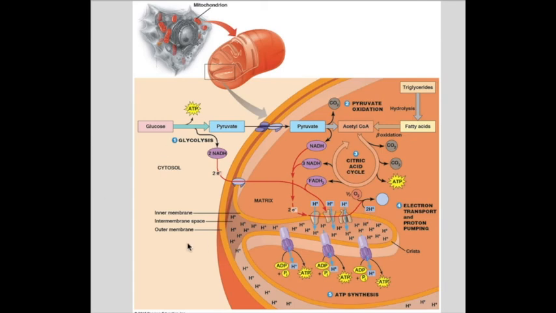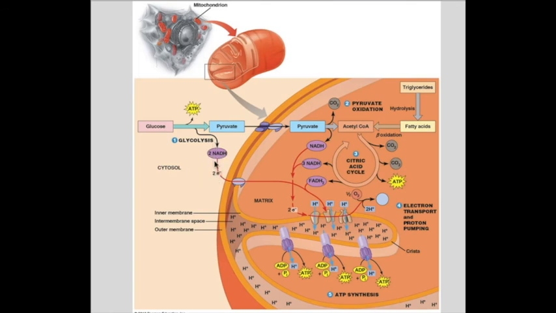So putting it all together, as glucose comes into the cell, inside of the cytosol glucose cranks out a little bit of ATP through glycolysis and at the same time generates pyruvate and NADH. We can think of NADH as being these high energy electrons and NAD plus being the electron carrier.